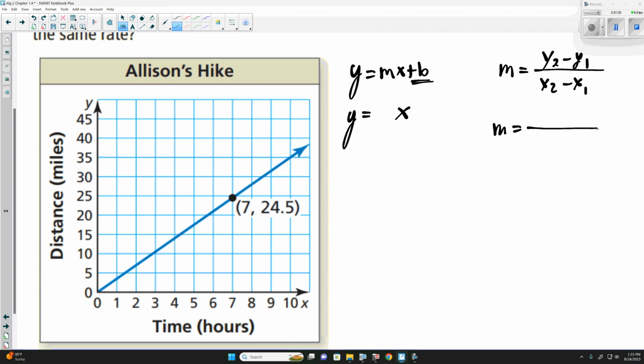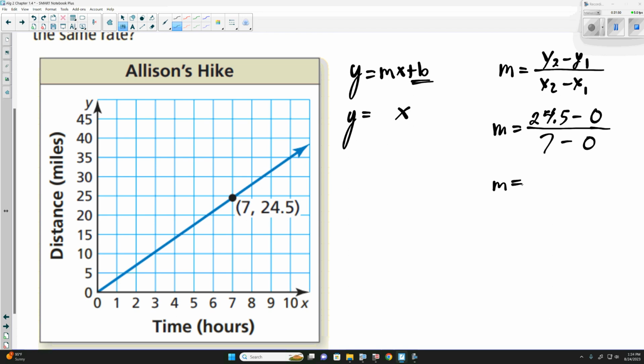So we do have 2 y values. What's one of them? 24.5. Or you can say 24.5 minus 0. What's our first x value that we're going to plug into this equation? 7, and the other is 0.